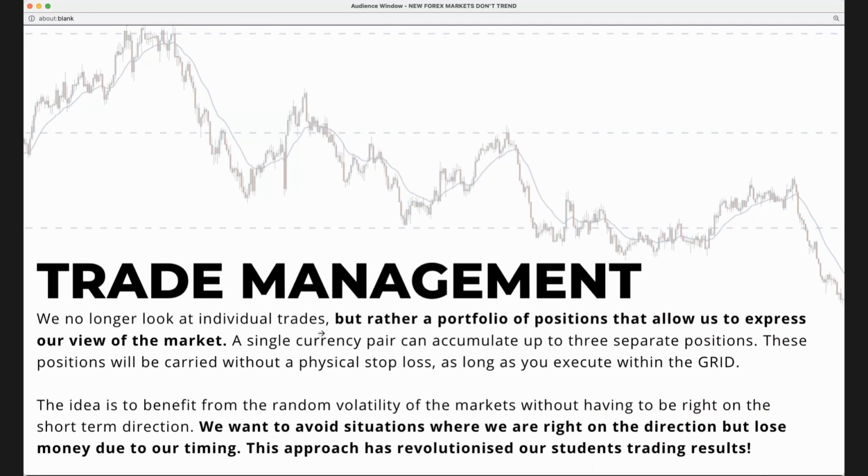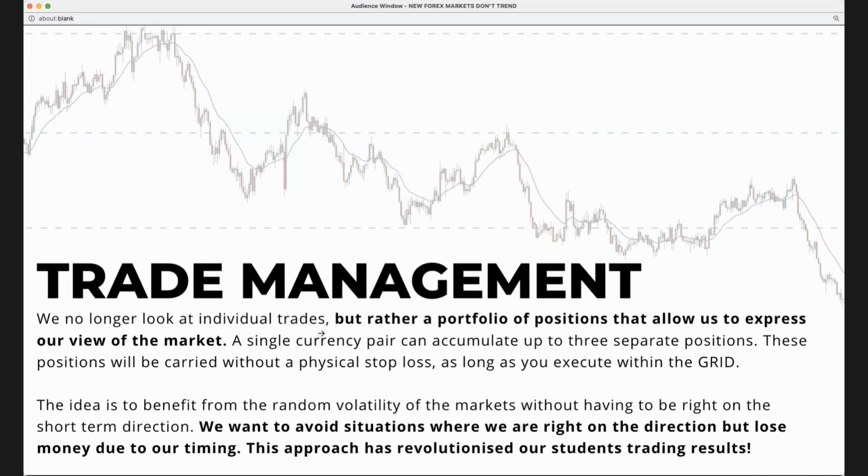A single currency pair can accumulate up to 3 separate positions. Now, bear with me when I say this: these positions will be carried without a physical stop loss. Essentially, you're going to use the grid as your stop loss, as opposed to having it underneath the latest swing high or swing low.